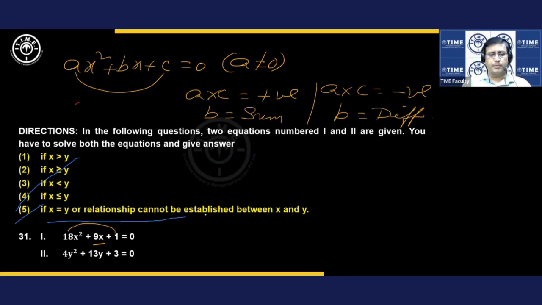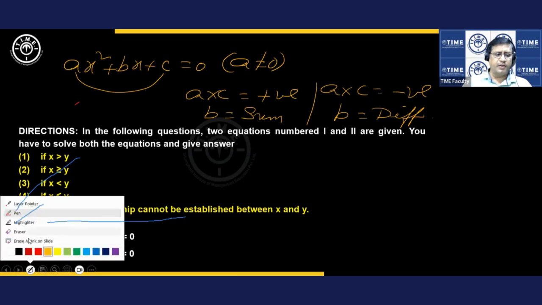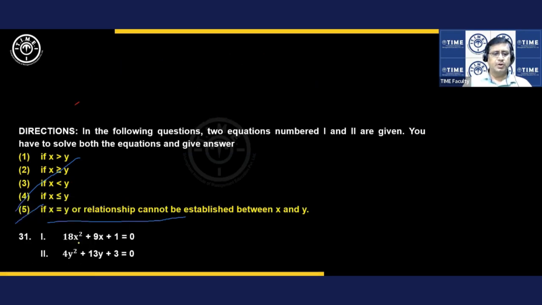Now look at this example. Here first we will simplify, we will try to find the factors. 18 into 1 is 18. So we need to express 18 as a product of two factors whose sum is equal to the middle term. The middle term is 9.